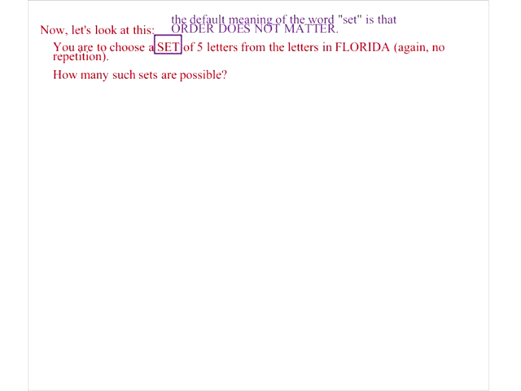For instance, if you're to choose a set of 3 integers, then the set 1, 2, 3 is the same as the set 2, 3, 1. This is something you're supposed to know.